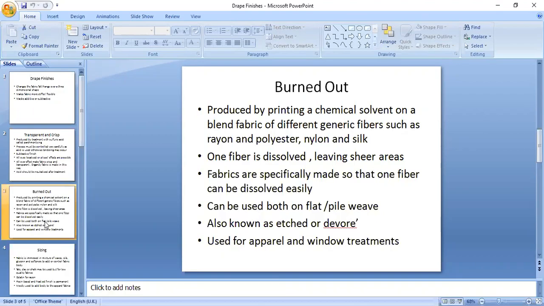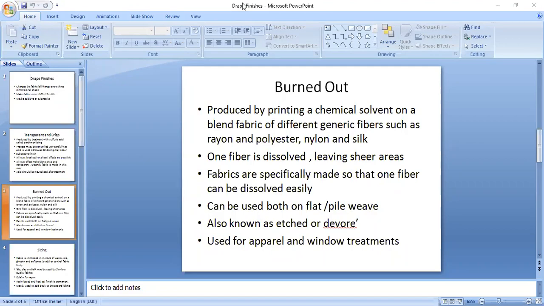Fabrics with this finish can be flat or pile weaves and include burn out satin and velvet for apparel and window treatment.